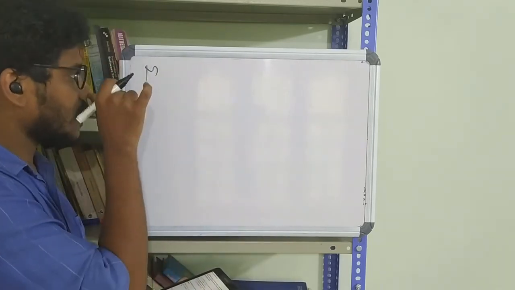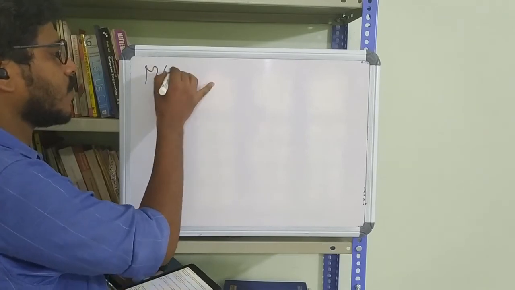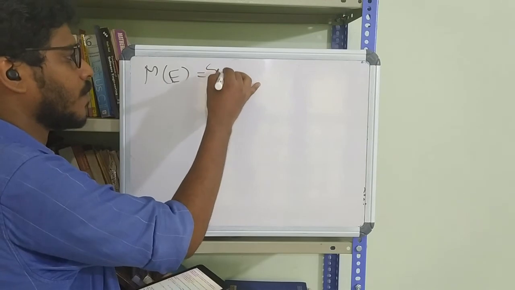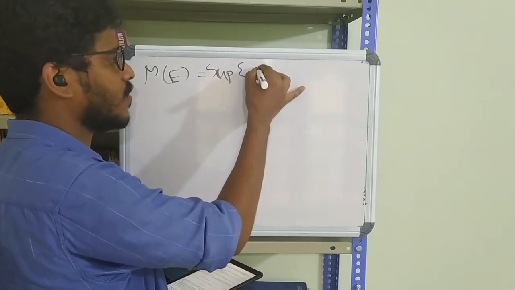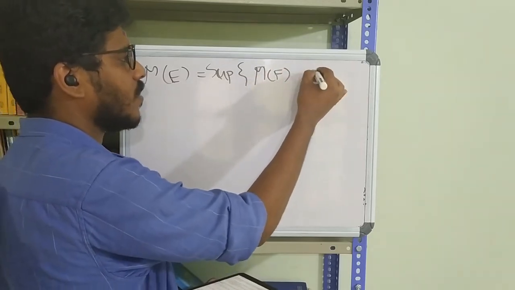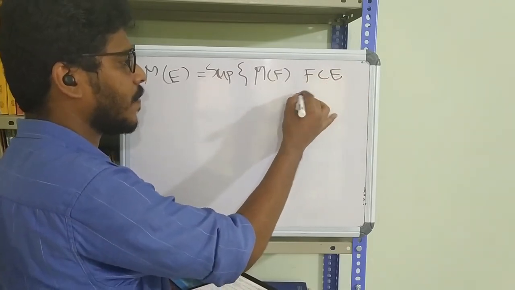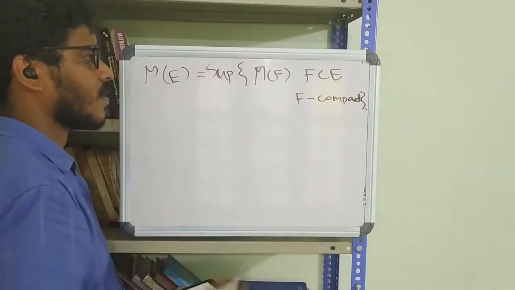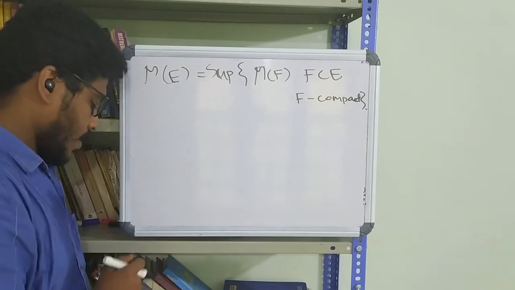I mean that expression for inner regularity: measure of E can be expressed as the supremum of the measures of all those closed sets, I use F here, all those closed sets such that F is contained inside E, and F is compact. Not just closed sets but compact sets. So this is how we defined inner regularity.